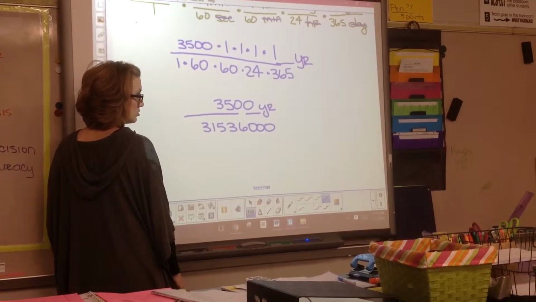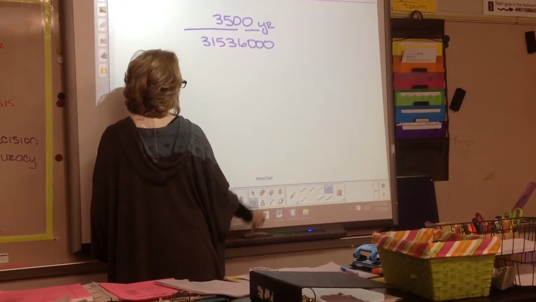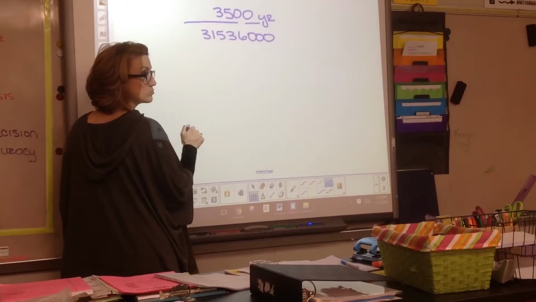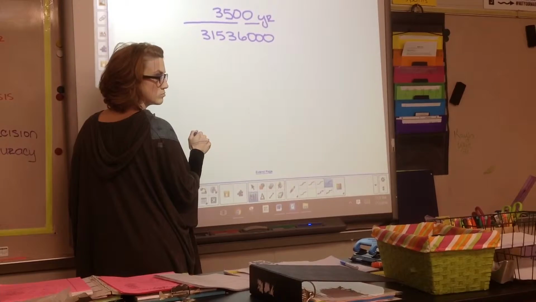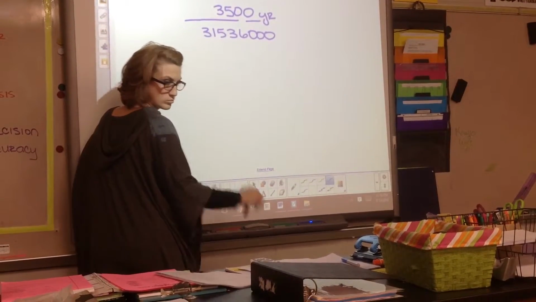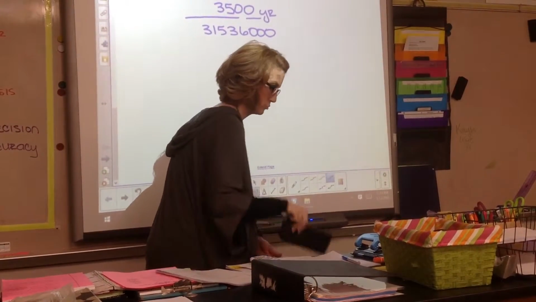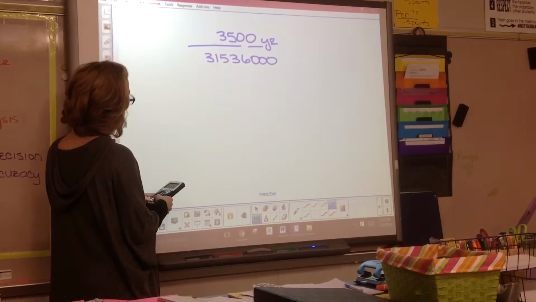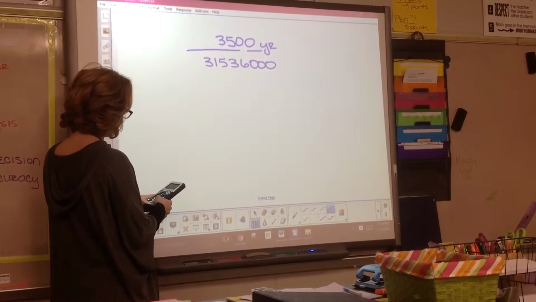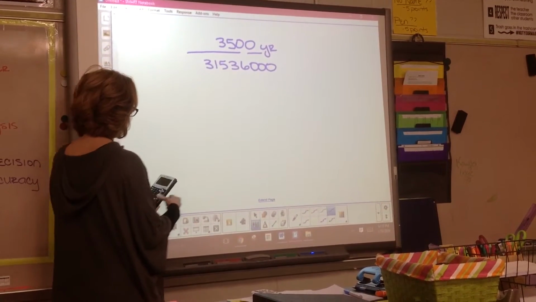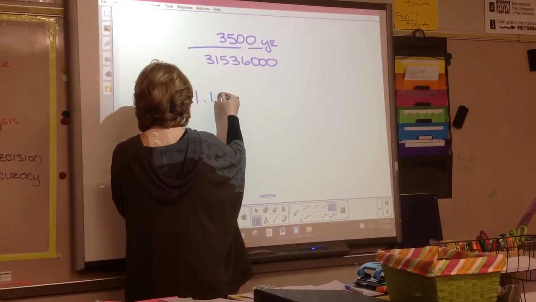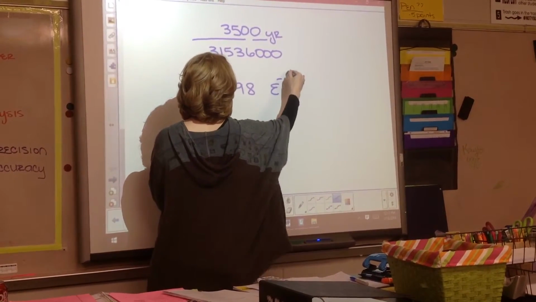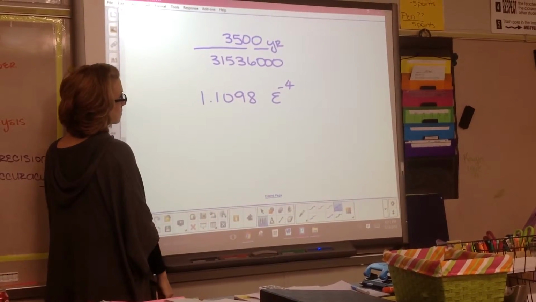So in your calculator, divide 3,500 by 31,536,000. You get something that looks like this, right?